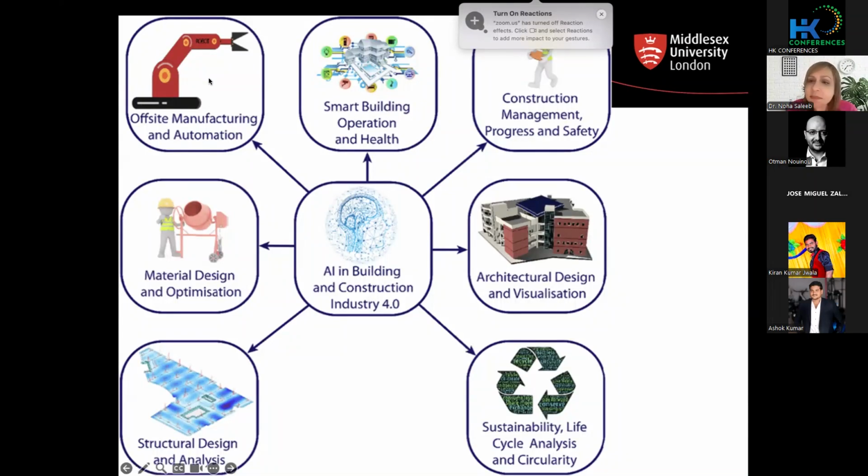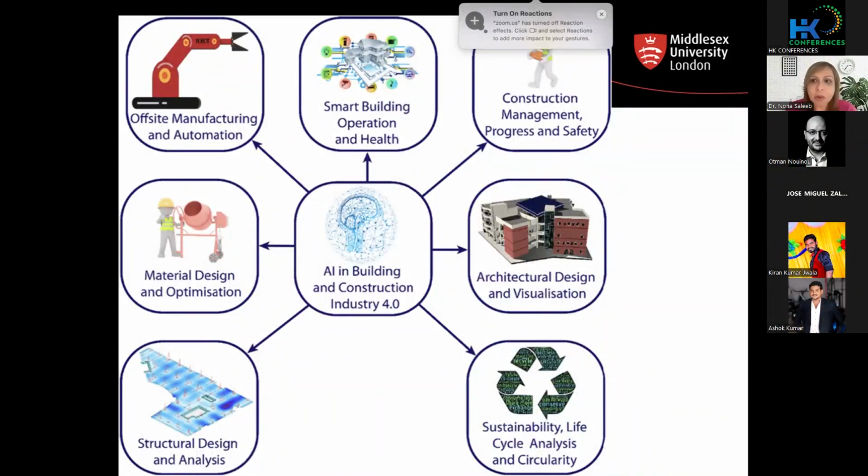Also in offsite manufacturing, how can we produce modular design or modular prefabricated items without too much carbon and energy consumption? Material design, structural design, so that it will be resilient. And of course, using circular materials so that we can reuse them later.